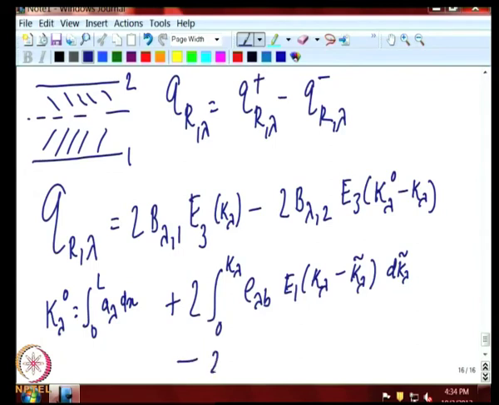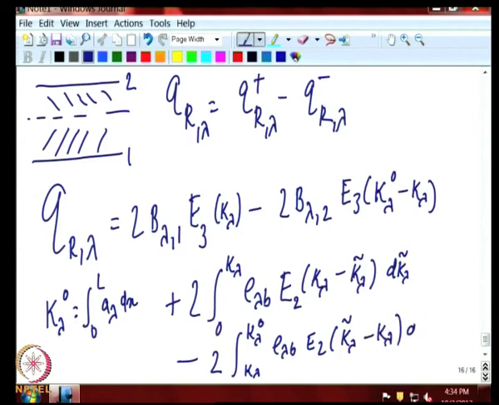Then minus 2, this has to be 2, I am sorry, 2. This is integration from kappa lambda 0 to kappa lambda of E lambda b E2 of kappa lambda tilde minus kappa lambda d kappa lambda tilde.